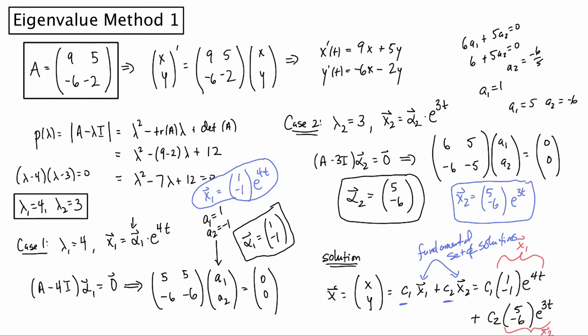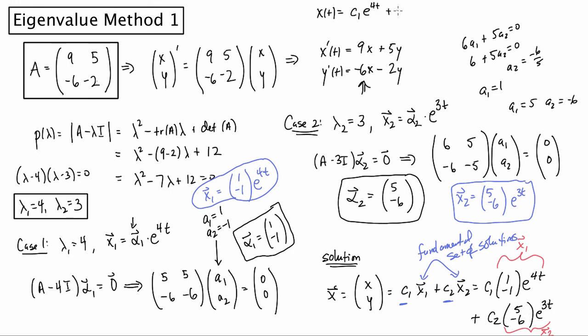Now, if I wanted to give the solution back in terms of this view, so if this is the view you're comfortable with, then the way to do this is by pointing out what the top component and the bottom component are separately. So what is x of t? Well, the function x of t is the top component of the vector. So the top component would be c1 times 1 e to the 4t, so c1 e to the 4t, and then the top component of this vector is c2 5 e to the 3t.